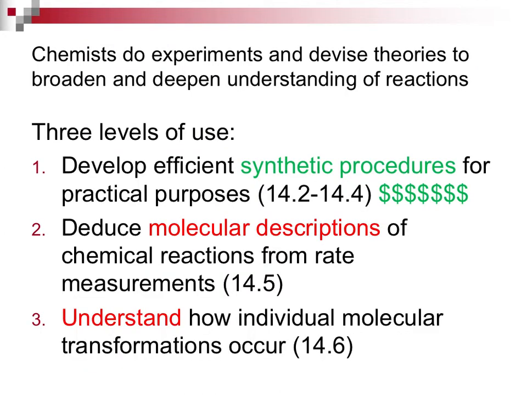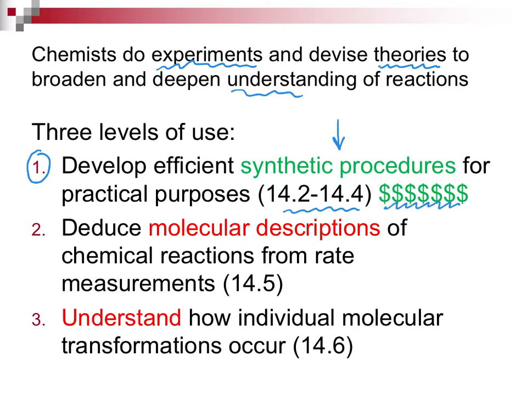So what do we have here? Well, chemists love to do experiments, and that helps them devise some theories that help them better understand how a reaction occurs. There are 3 different levels. I like to talk about it this way about how we use them. Number 1 covers sections 14.2 to 14.3, and it has to do with synthetic procedures for practical purposes.